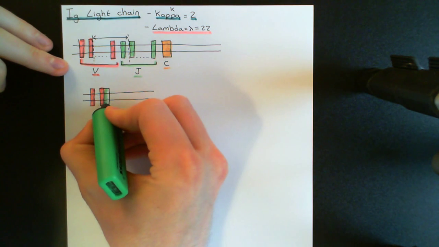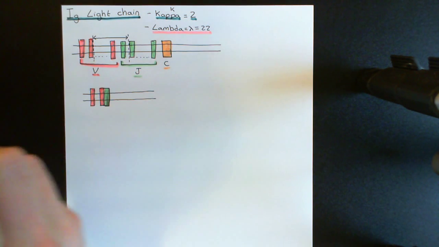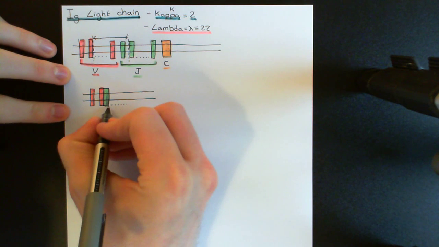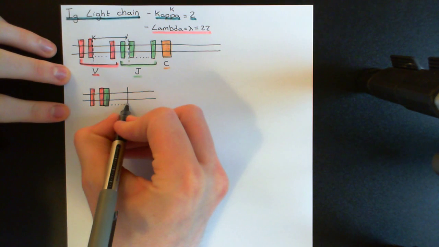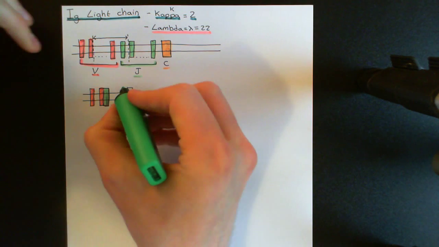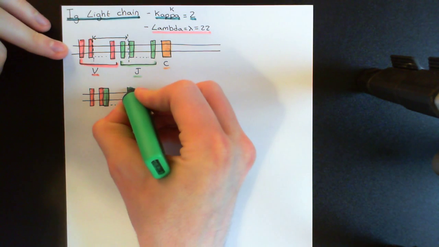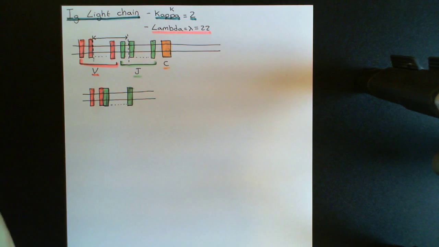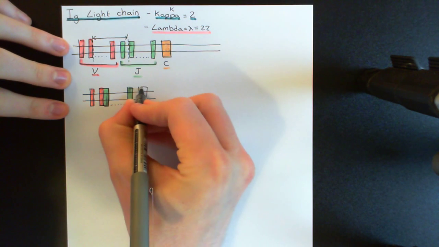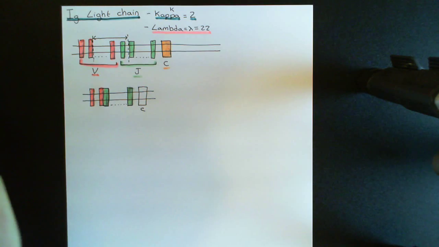So here it is in green. And then we continue on. So all of the joining gene segments that were downstream of the chosen joining gene segment are still here. So dot dot dot, and there's our final joining gene segment in the array of joining gene segments. And then here will be the constant gene segment in orange.